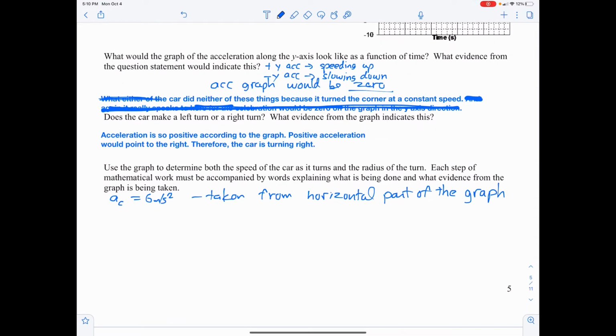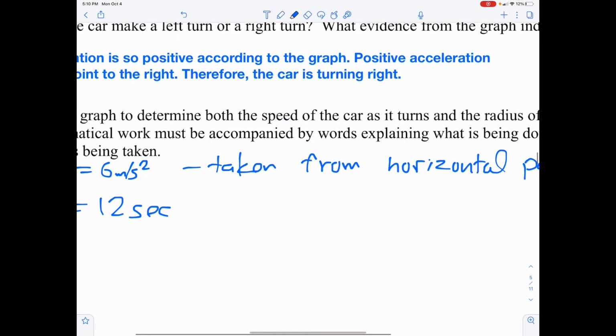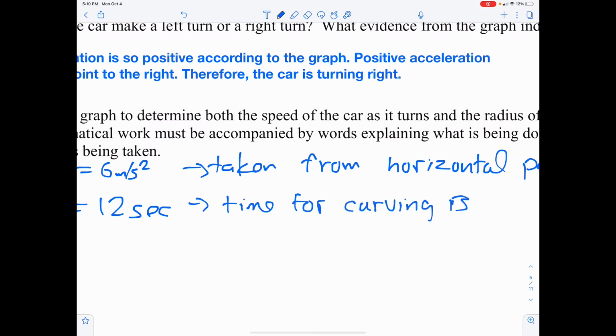Now, the period is 12 seconds. How are we coming up with that? Well, the time it takes to curve goes from 2 to 5 seconds. The time for curving is 3 seconds.